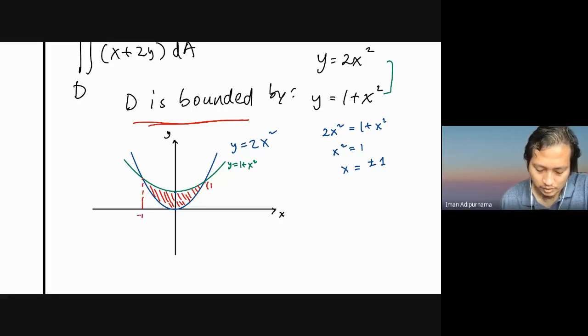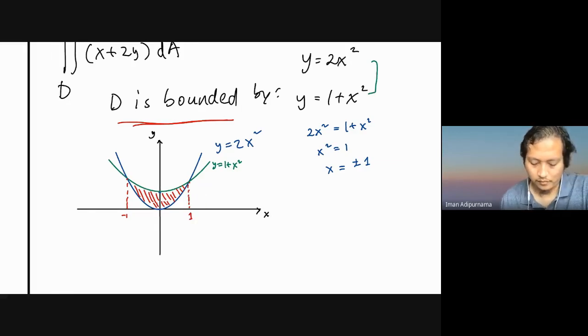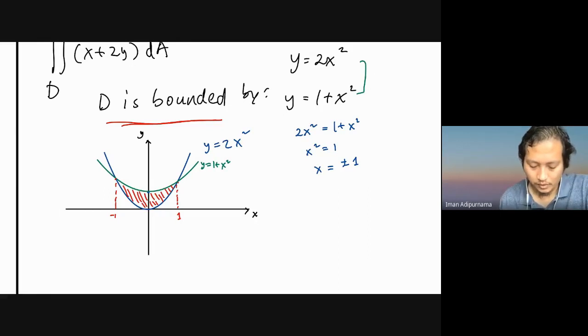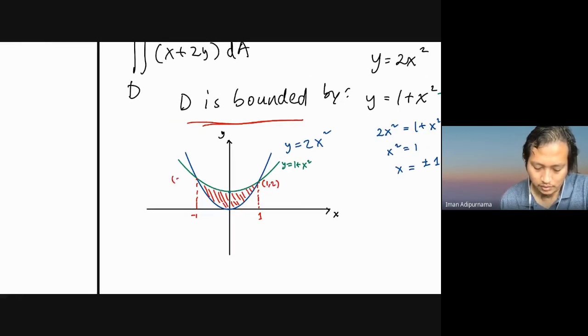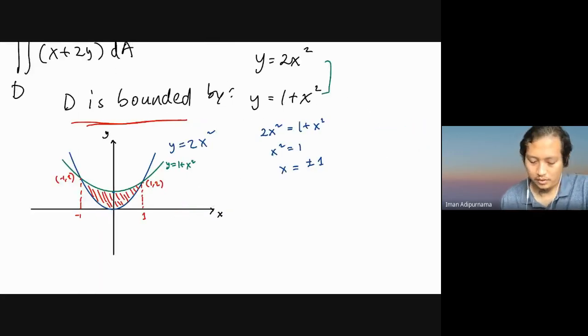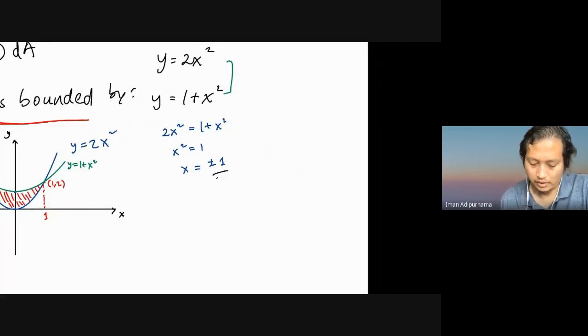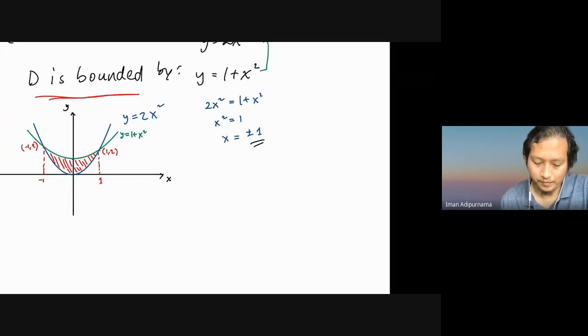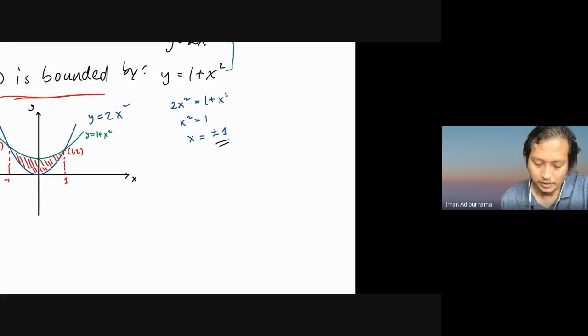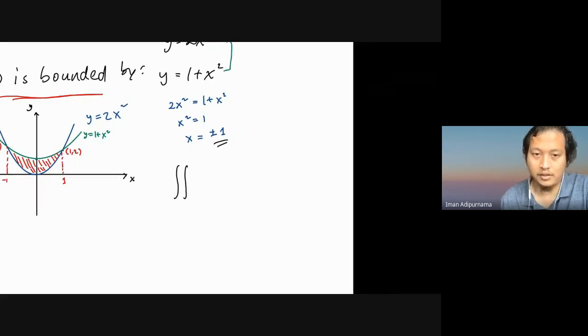So maybe here -1, this is 1. So 1 and 2, right? Maybe right here if you want, but I don't think it's really necessary as long as you get x equal to 1.